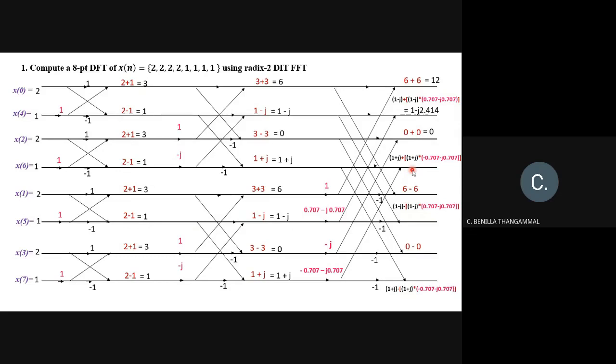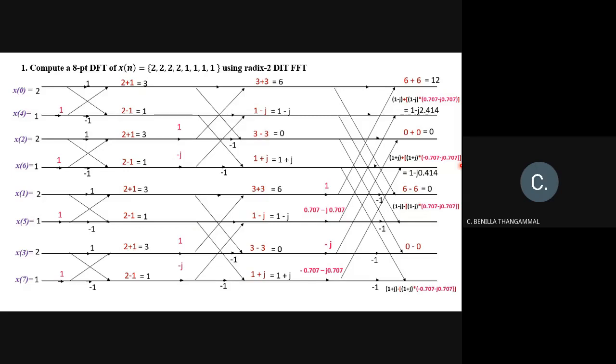You type it in the calculator as such: open bracket 1 plus j close bracket plus open bracket, again one open bracket, 1 plus j close bracket into open bracket minus 0.707 minus j 0.707 close bracket, again one close bracket. Your answer should be 1 minus j 0.414.